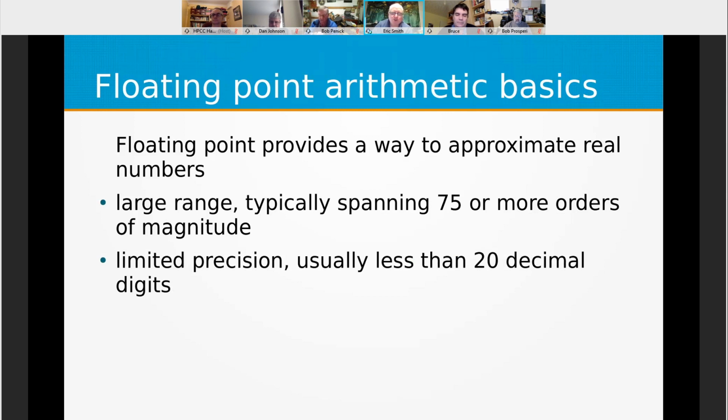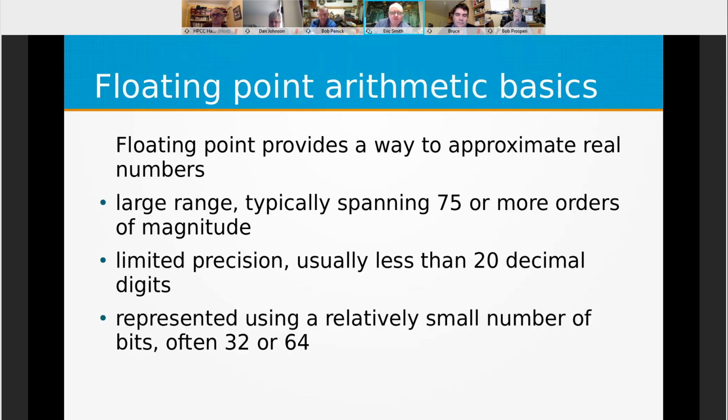Single precision is only around 6 digits. And again, unlike the arbitrary precision arithmetic libraries, normally floating point numbers are represented using a small number of bits in memory, so often 32 or 64 bits, which would be 4 or 8 bytes, respectively.